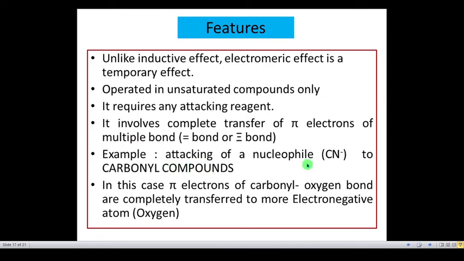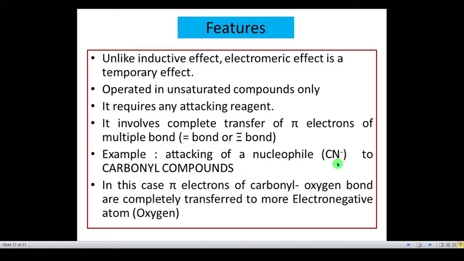Example: attack of a nucleophile on a carbonyl compound. Here we are not considering carbon-carbon bonds. A carbon-oxygen bond is there, so we call these carbonyl compounds. For carbonyl compounds, there are also some attacking nucleophiles, such as the cyanide ion.